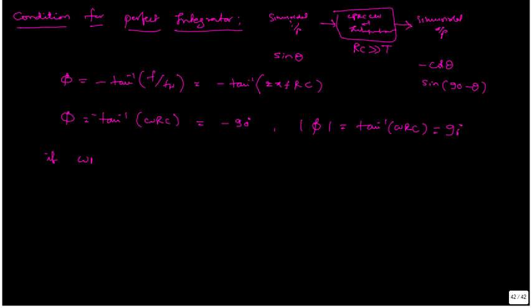So if omega RC is equal to 14, then phi is equal to tan inverse of 14, which is around 84 to 85 degrees.